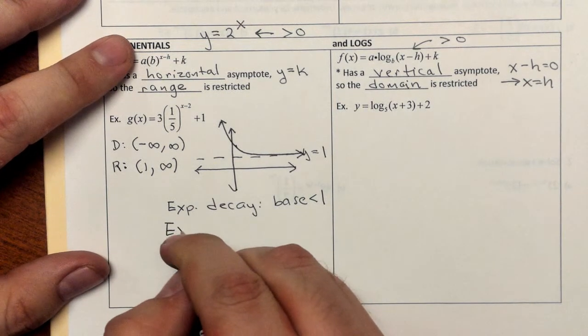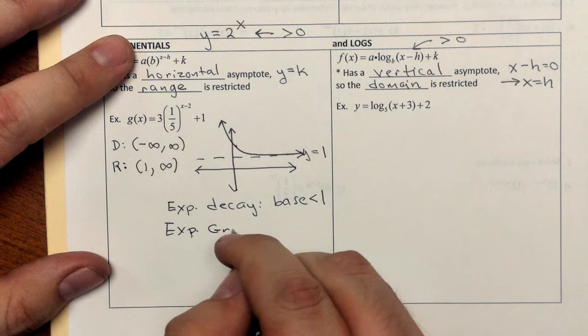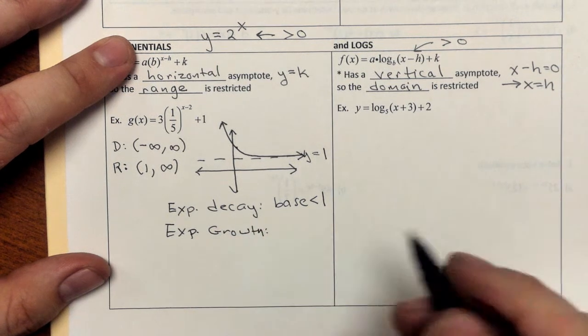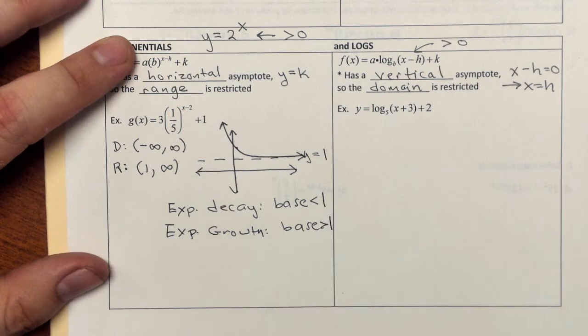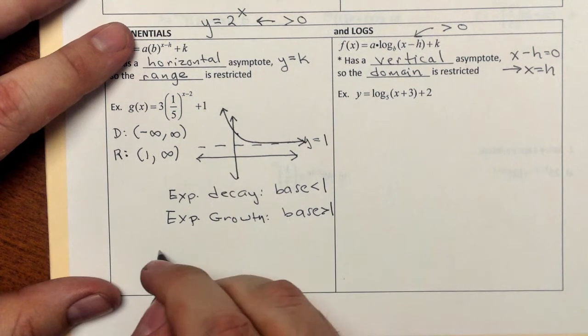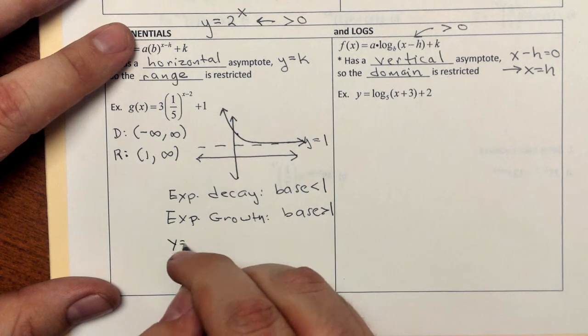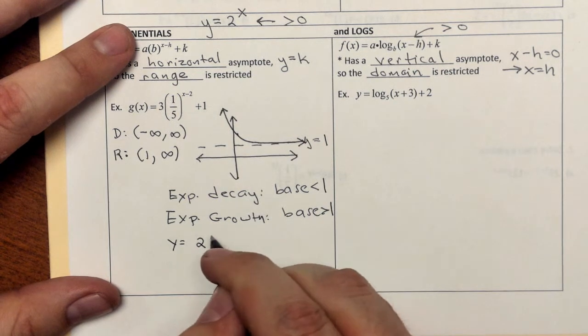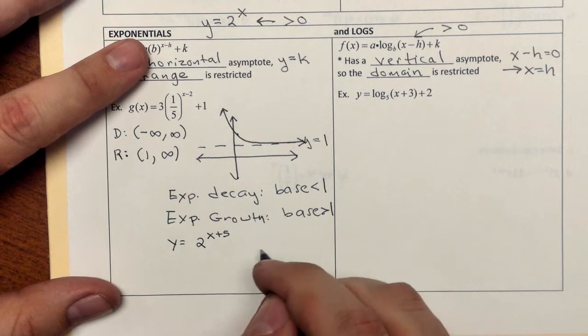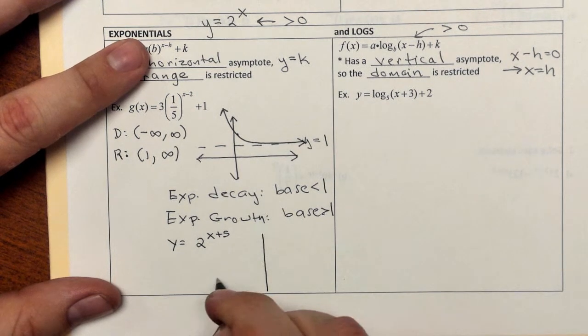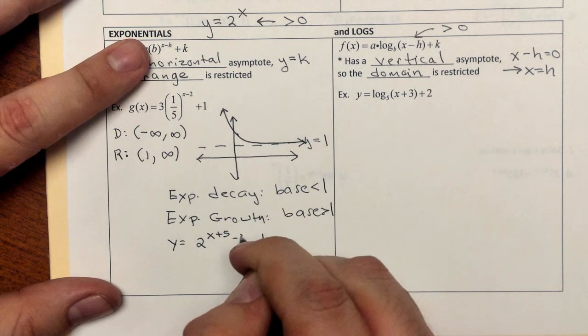And exponential growth would be something like this. The base is greater than 1. So for example, if I had y equals just something real simple, 2 to the x plus 5, and we'll say minus 3.